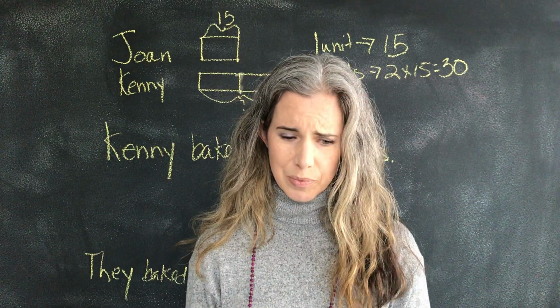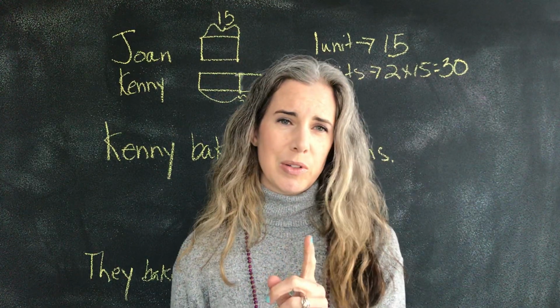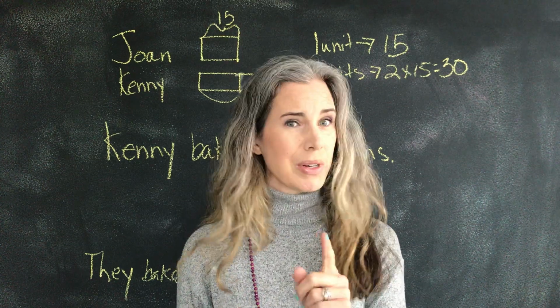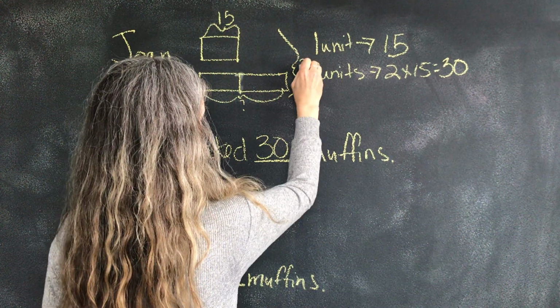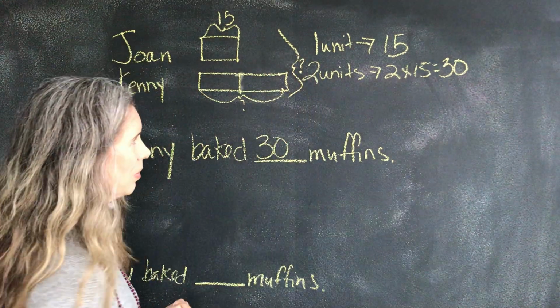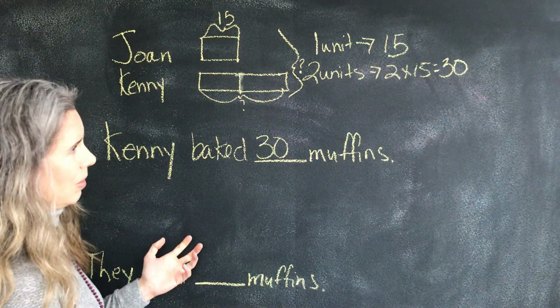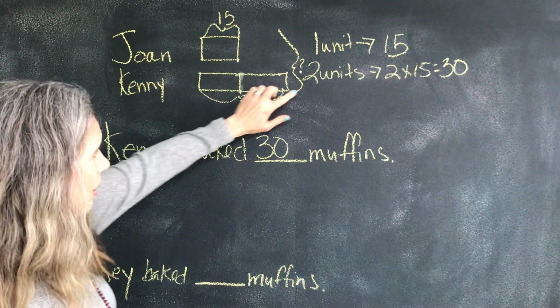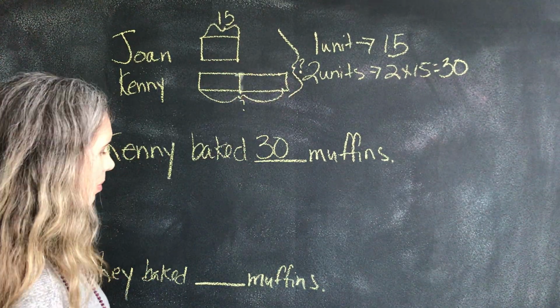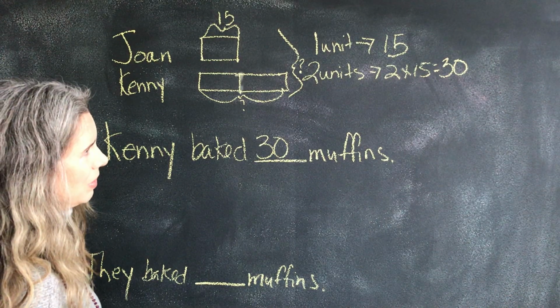Now, let's go ahead and put that question mark on our bar model to show what it is we're solving for. Question is how many muffins did they bake in all? So Joan plus Kenny in all, and there's your question mark.